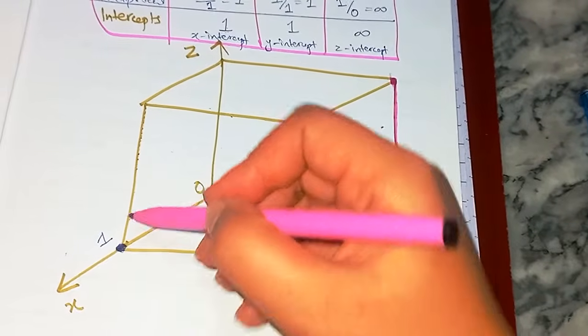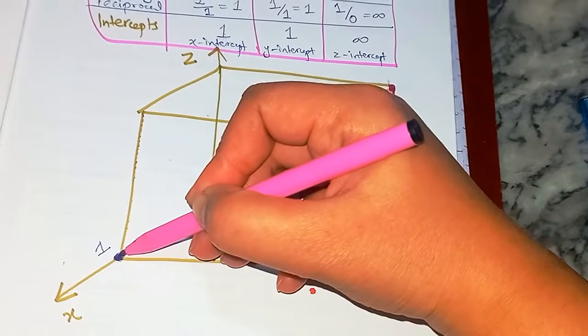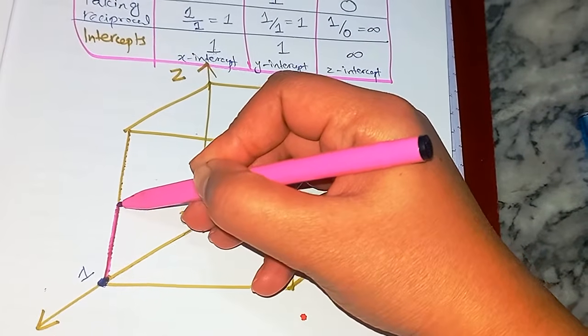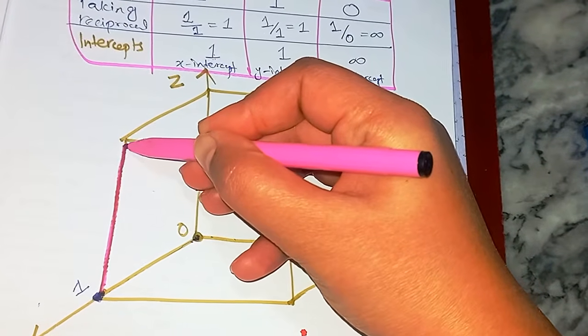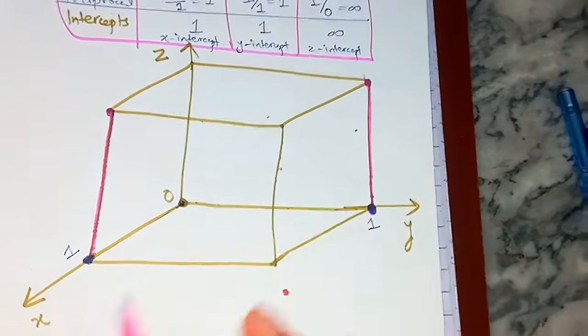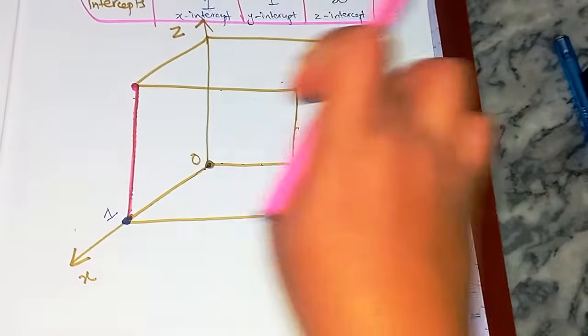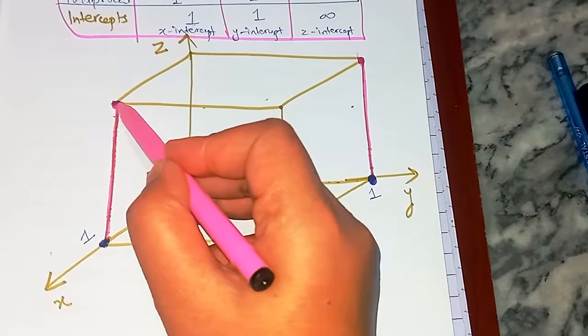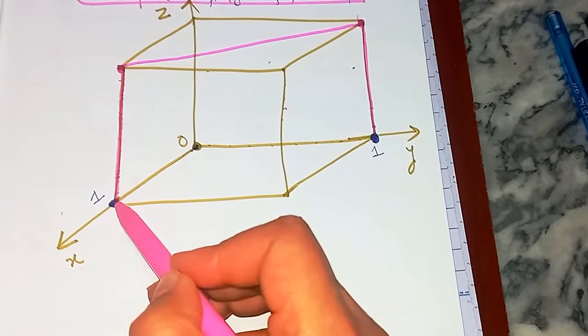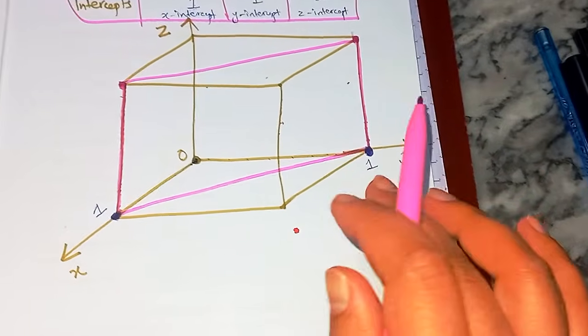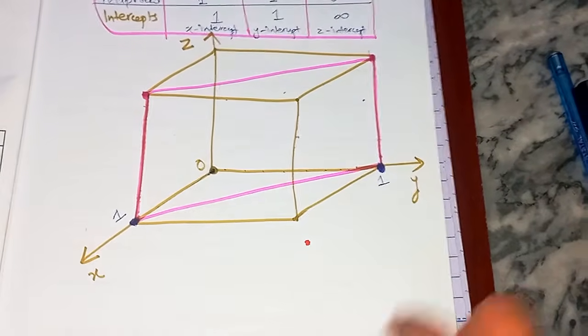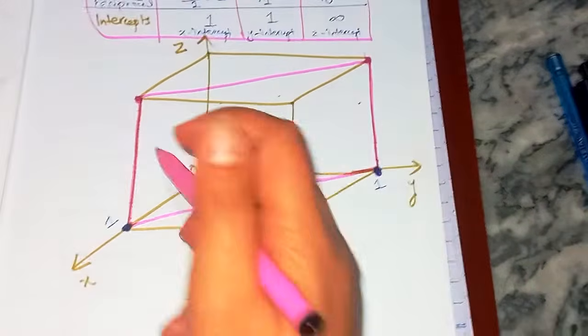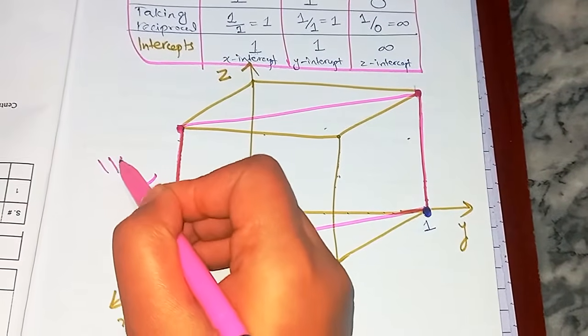Now from this point I'll also draw a parallel line along the z direction, and I'll stop at the other corner of the unit cell, which is this point. Next, we need to join these points together to form a closed figure. That is how we have drawn the 1 1 0 plane.